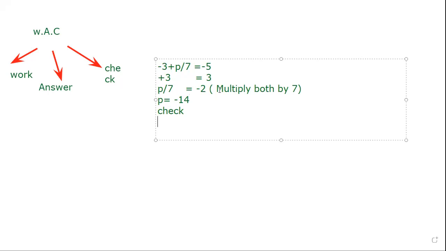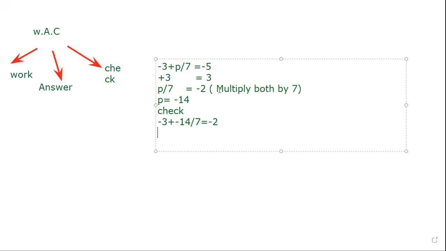Amazing, Muhammad. Really, I appreciate your work. Negative 3 plus b, b is negative 14, over 7 equal negative 5.